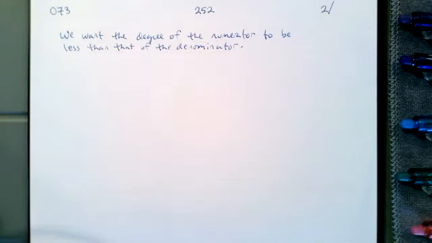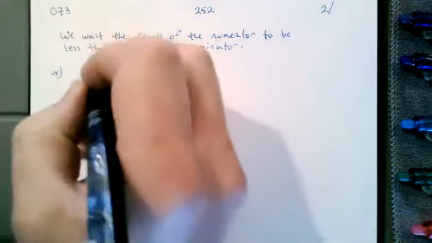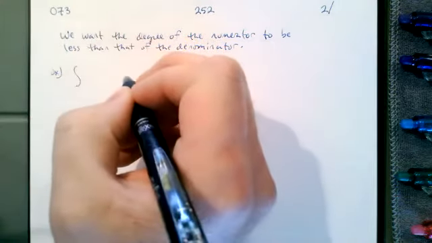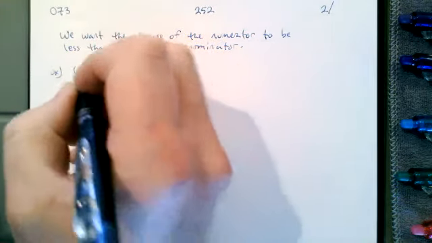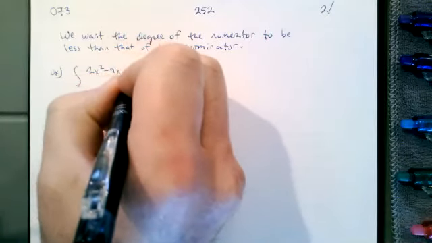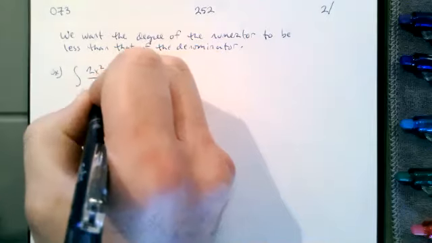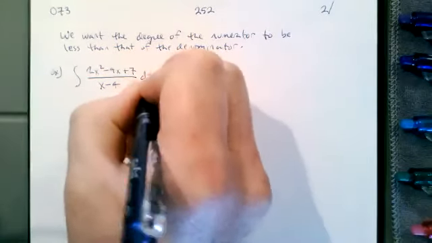So let's suppose that we're looking at a rational function. For example, let's suppose we wanted to integrate 2x squared minus 9x plus 7 over x minus 4 dx.